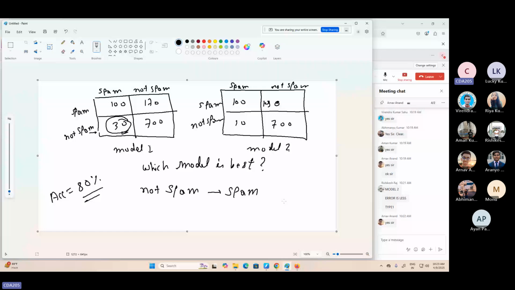So this is a critical task. This is the critical condition. जबकि उसे एरर कम करनी चाहिए थी। So we can see that false positive of A is greater than false positive of B. You got the point?